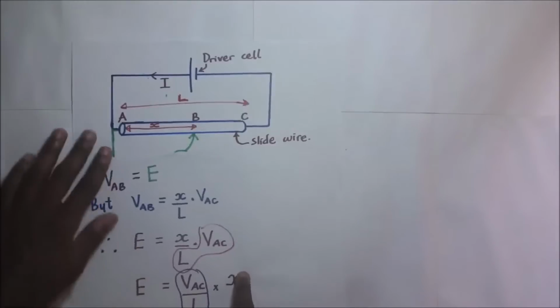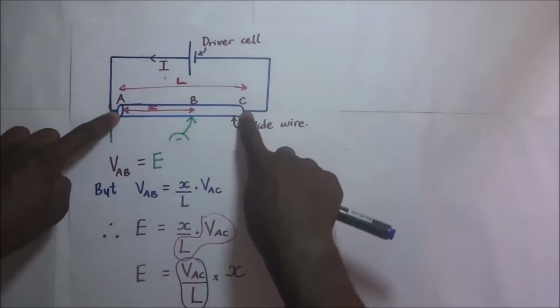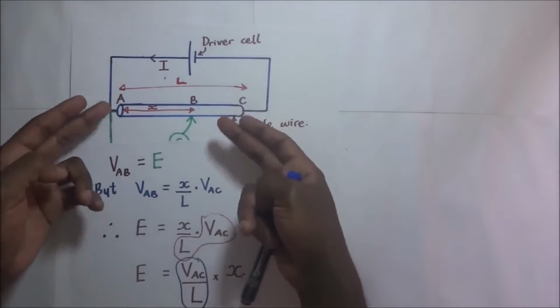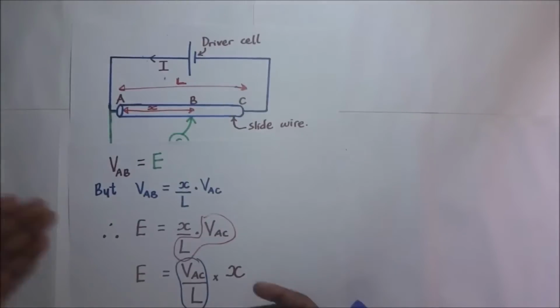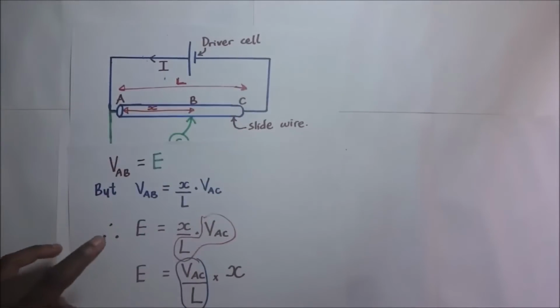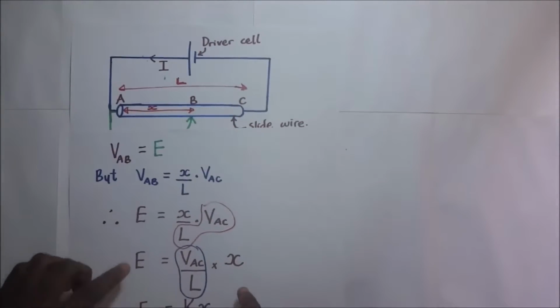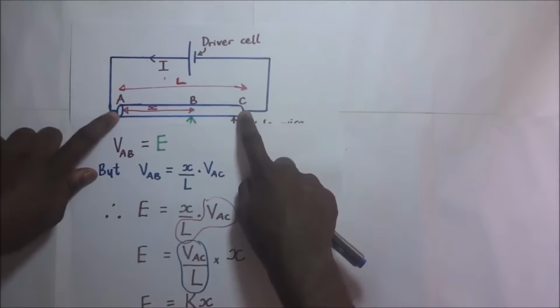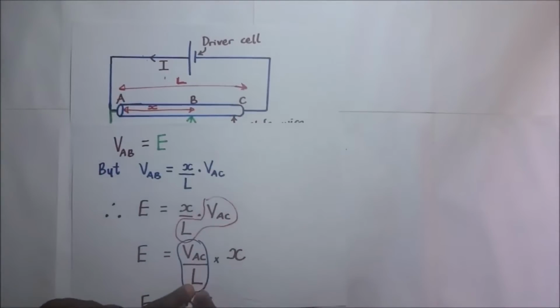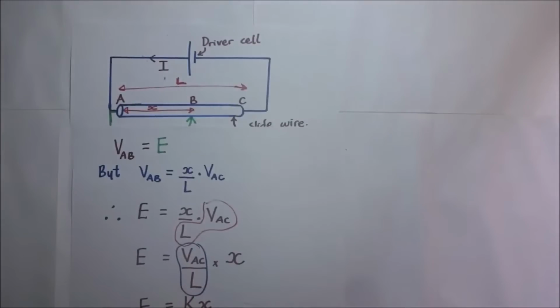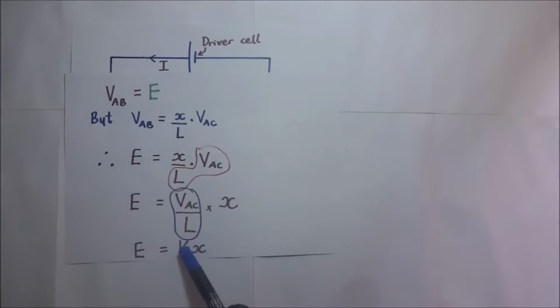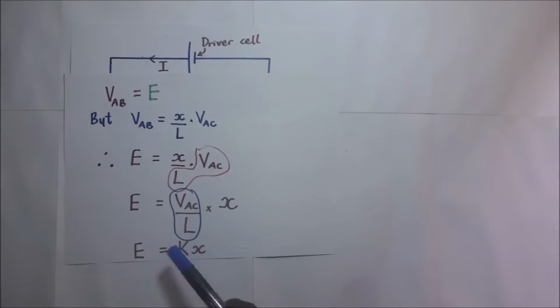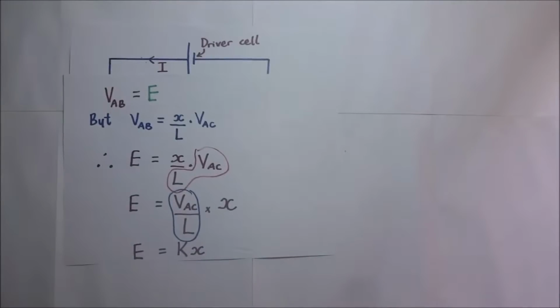Now, potentiometers can have a slide wire of any length. It can be 1 meter, or more than 1 meter, depending on the needs. So what we need to do is find the potential difference across the entire length of the wire and divide that by the entire length of the wire to get the value of K. This value of K is what we call the PD per unit length of the wire, and the process of obtaining it is what we call standardizing the potentiometer.